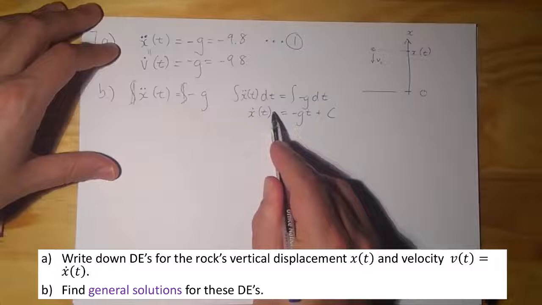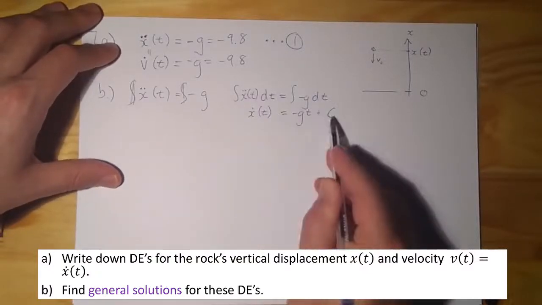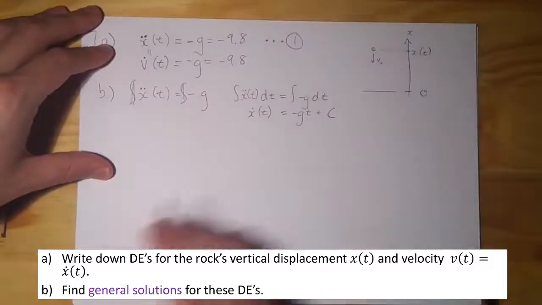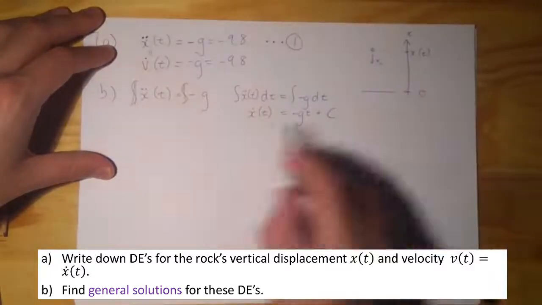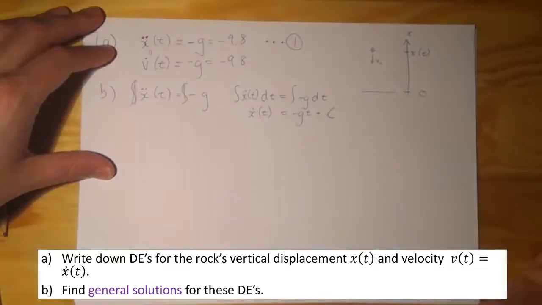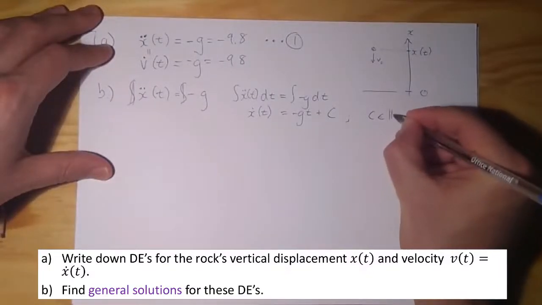Well, technically we've got a constant on this side as well. So we've got plus some constant here and plus some constant there, but that's just equivalent to putting the constant on one side. If it's plus 1 here and plus 2 here, then it's the same as plus 3 on that side. So c, where c is some real value.